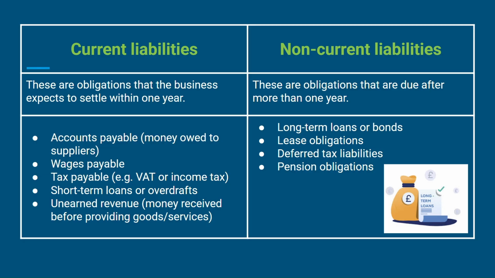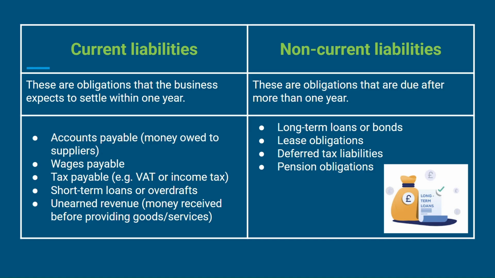So these are suppliers, you buy ingredients from them, but you still don't pay them money. That is a current liability. Wages, that's obviously a current liability. Tax payable, current liability. Now, there are two different types of loans. We've got short-term loans and long-term loans. Short-term loans, along with overdrafts, are current liabilities. We also have unearned revenue, which we just talked about in the previous slide. That's also a current liability.